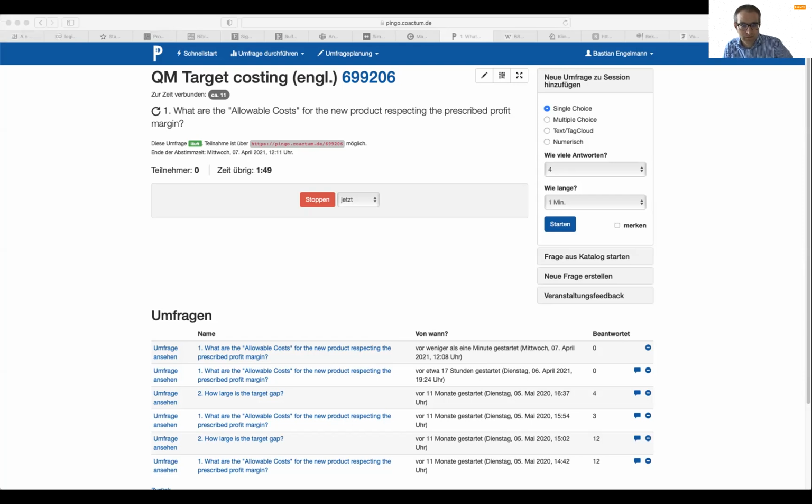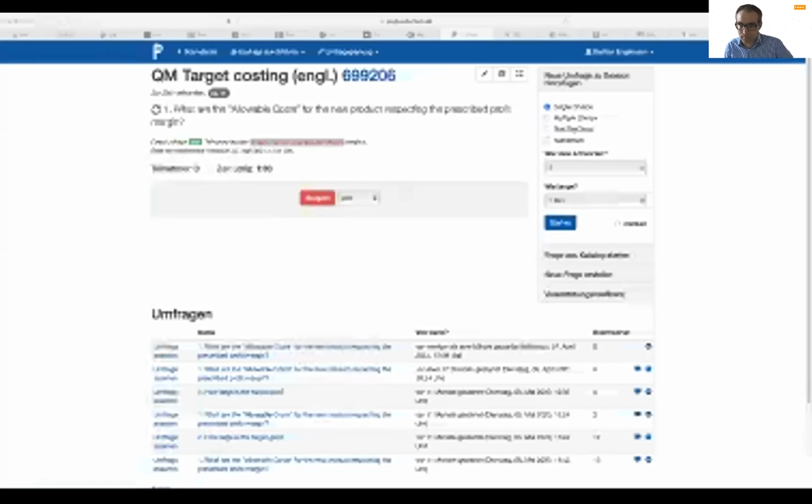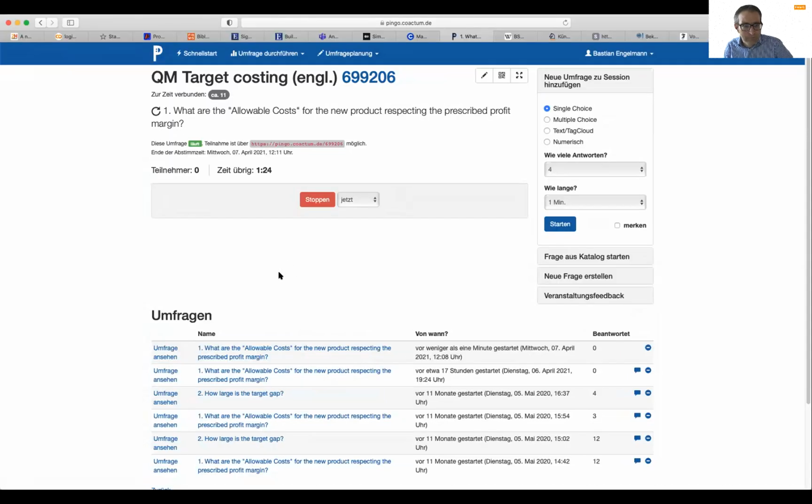What will be the allowable costs? I'm a little curious, we have no answers so far. Has anybody of you already entered an answer? Yeah, I did. Okay, so the counter here says 1 minute to go.